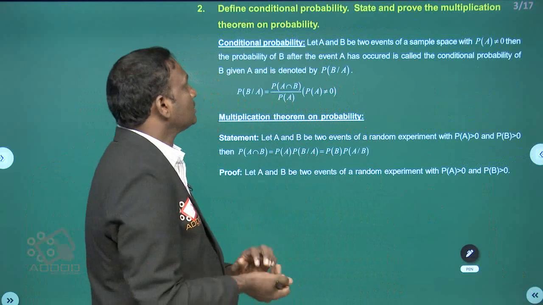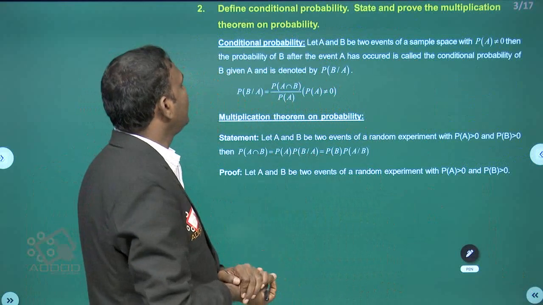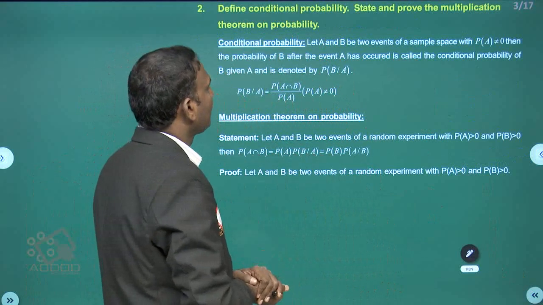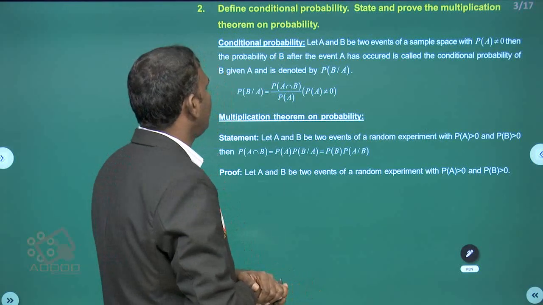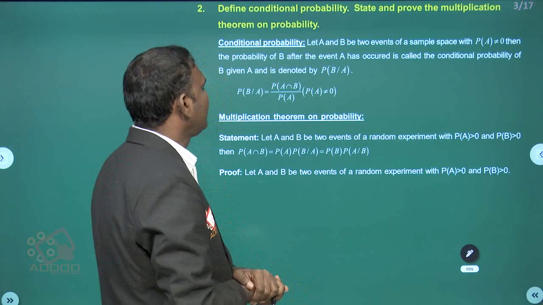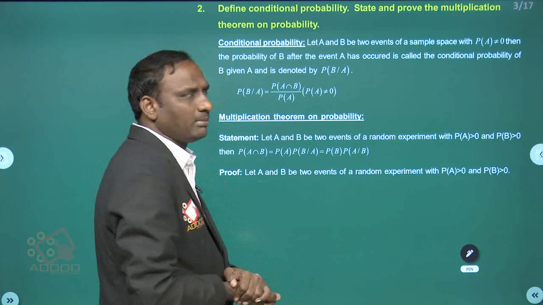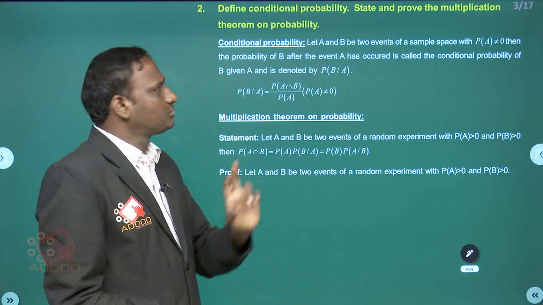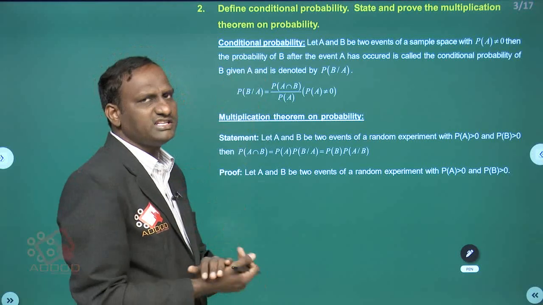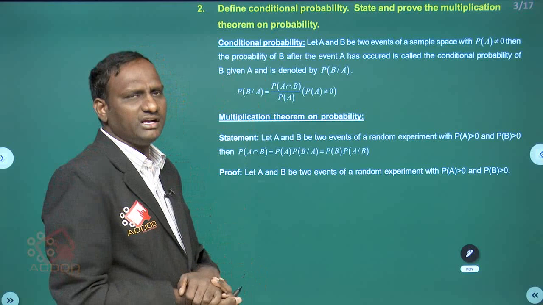So the question is: define conditional probability, and state and prove the multiplication theorem on probability. This is the definition cum theorem. So in this we need to take conditional probability. What do you mean by conditional probability?